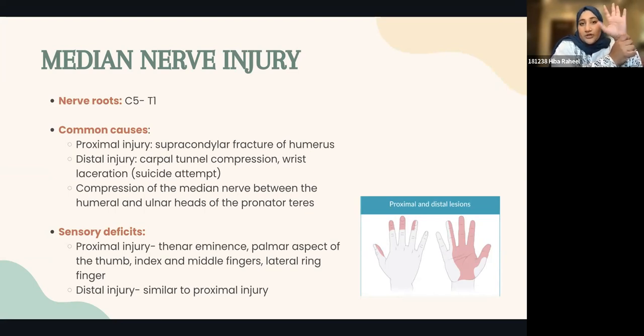The sensory supply of the median nerve is limited to your hands, right? So one more time, if there is damage to the median nerve, then the sensory loss would be essentially in the hands. Where in the hands in particular? The palm, the base of the thumb, the side of the thumb, the first finger, the second finger, and then the lateral aspect of the ring finger. Okay.